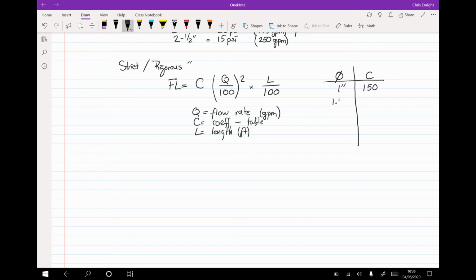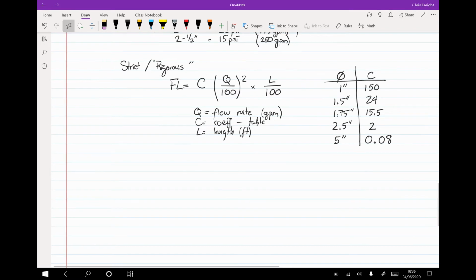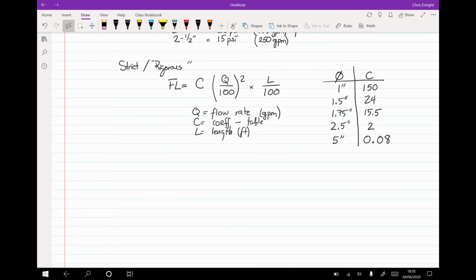At 1.5 inches, 24. 1.75 inches, 15.5, 2.5, that's 2, and then at 5-inch diameter, we're at 0.08 on the C. So noticing as the diameter increases, that friction factor coefficient decreases pretty substantially as the hose size gets bigger.